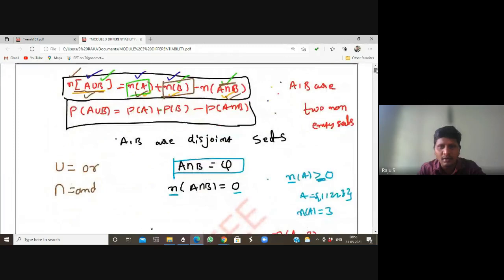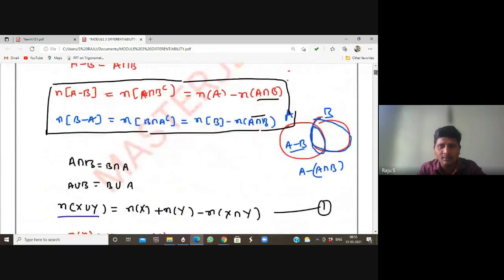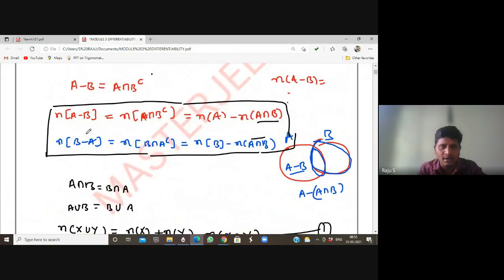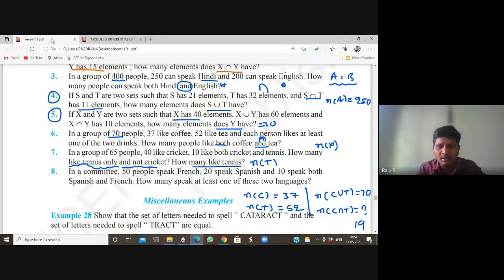Okay, very clearly I have written the formulas. Here A minus B is A intersection B complement: n of A minus n of A intersection B. B minus A is B intersection A complement: that is n of B minus n of A intersection B. Okay, students. So here we need to find this value.